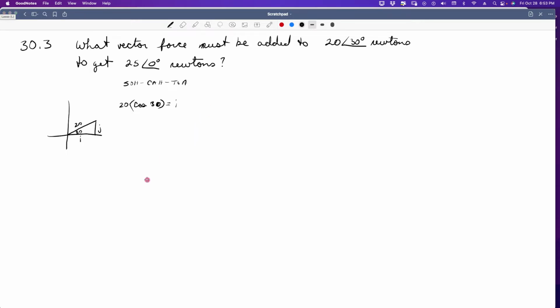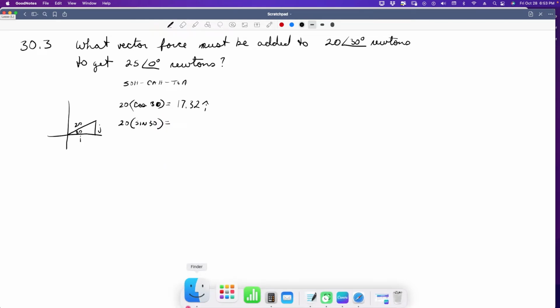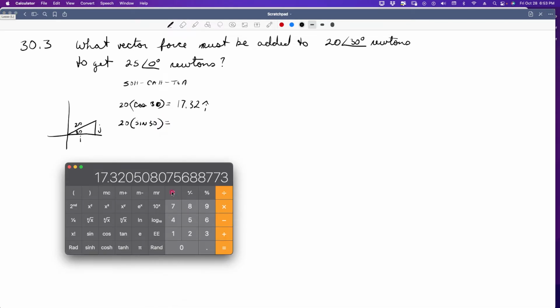I. All right, and now we're going to do the J measurement, and that is going to be the opposite of 30. So that's going to be 20 times the sine of 30, and that's going to be our J measurement, and it's positive. So that is going to be sine 30 times 20, and that is 10.